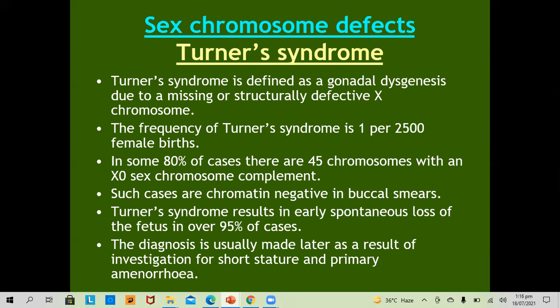Turner syndrome is defined as gonadal dysgenesis due to missing or structurally defective X chromosomes. The frequency of Turner syndrome is 1 per 2,500 female births. In some 80% of the cases, there are 45 chromosomes with an XO sex chromosome complement.